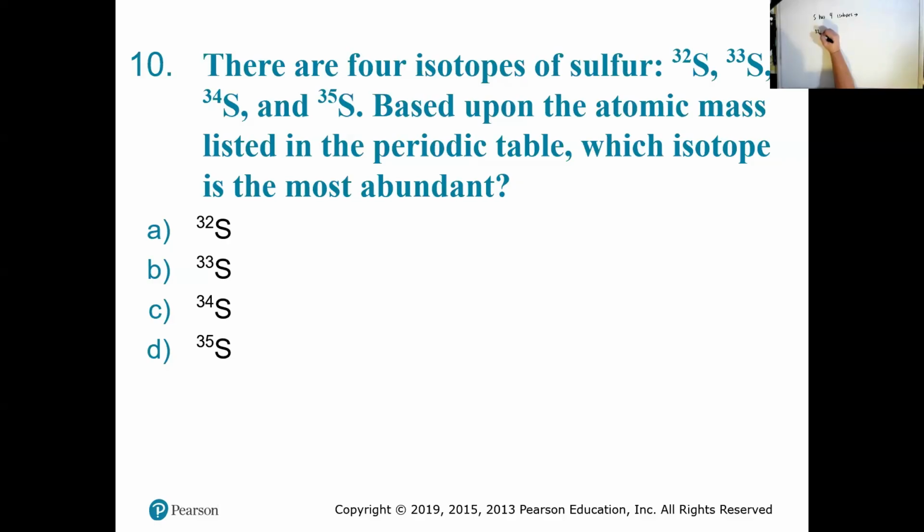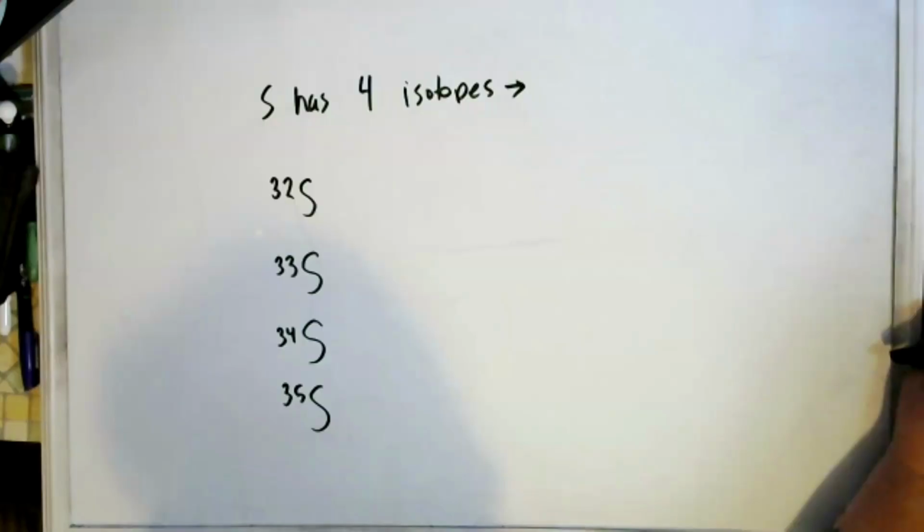Remember that the superscript in the top left corner tells us the mass number of that specific isotope. They say to use the atomic mass listed on the periodic table to figure out which of these isotopes would be the most abundant.